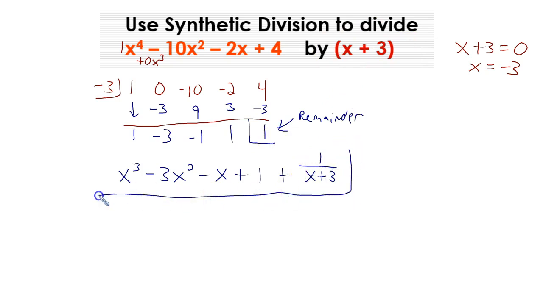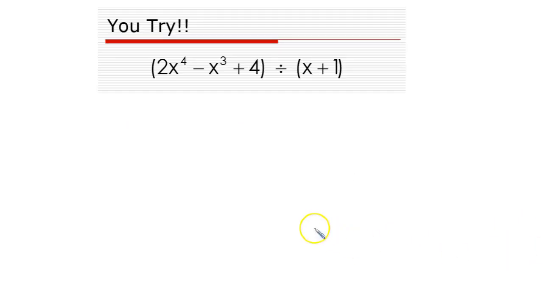And that is how you divide with synthetic division. Hopefully it's come back to you. If you want to pause the video and try this one here, and then start the video up again, see if you've really got it.